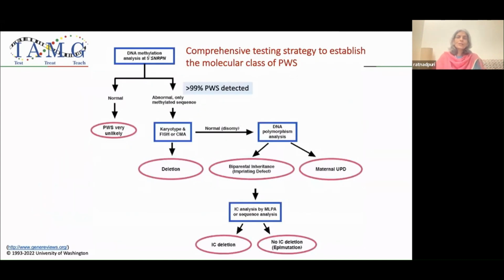Okay. So based on the understanding of the mechanism, here is the comprehensive testing strategy for patients with Prader-Willi. We will first look for methylation because this will detect 99% of patients of Prader-Willi syndrome. If the methylation is present, the child has Prader-Willi.